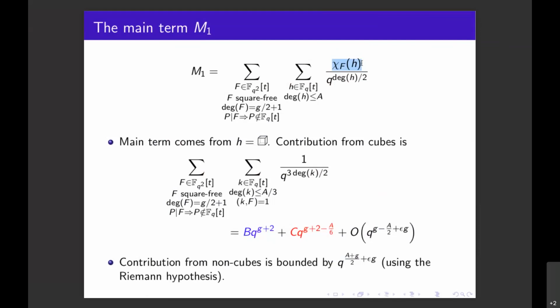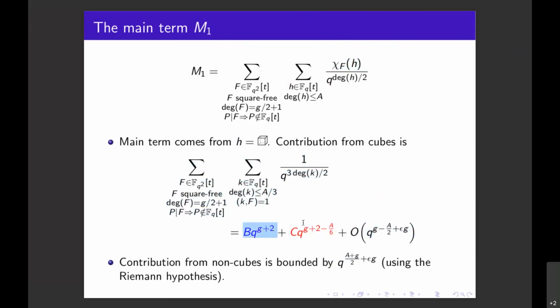So if we evaluate the contribution from cubes, let's say that h is equal to k cubed, then I get this double sum over here, and it's a relatively standard exercise to compute the asymptotic for this. We get our main term of size q^g over here.